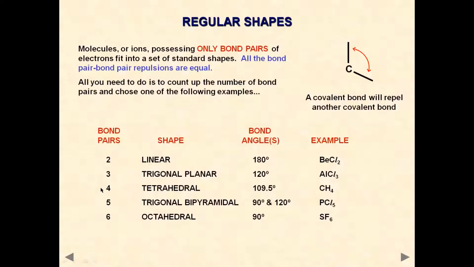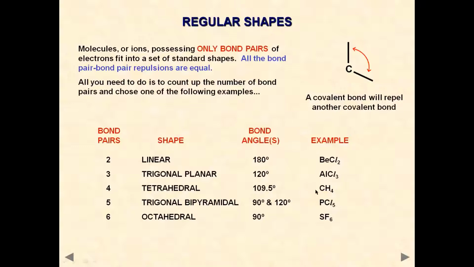Now, if there are 4 bond pairs around the central atom, then the shape is going to be tetrahedral. Again, we're going to discuss these shapes in detail. We'll look at what a tetrahedron actually looks like. We have to memorize these bond angles. So if the shape is tetrahedral, then the bond angle is going to be 109.5 degrees.